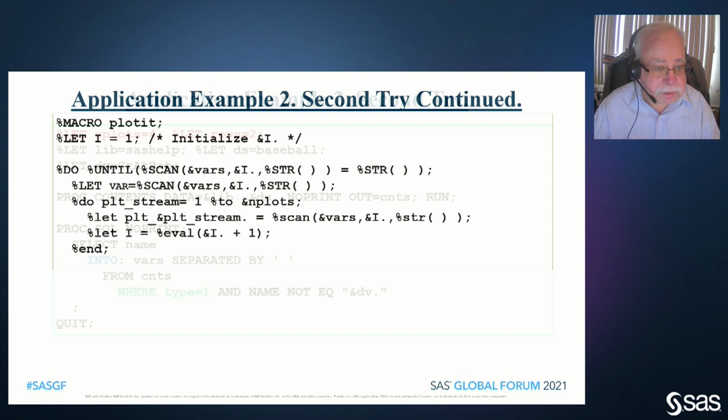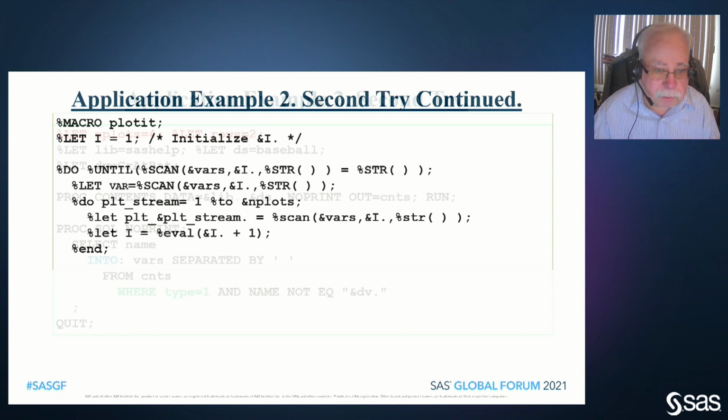So I want the next macro variable to be plot1, plot2, plot3, plot4, but now it's going to tell me which variable I'm pulling off based on my &i. So the first time we do this, it'll be 1, 2, 3, 4. The second time it will be plot 5, 6, 7, 8, and so forth.